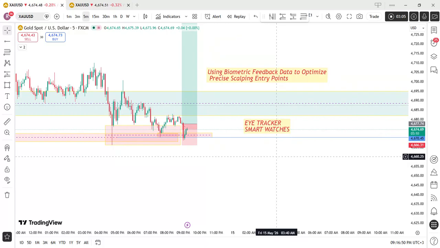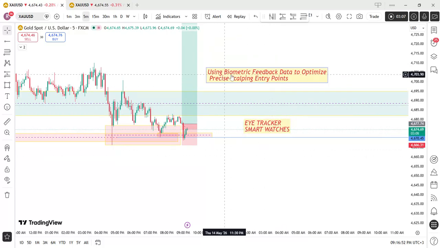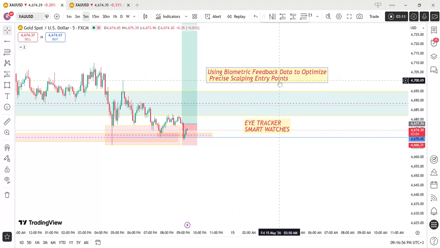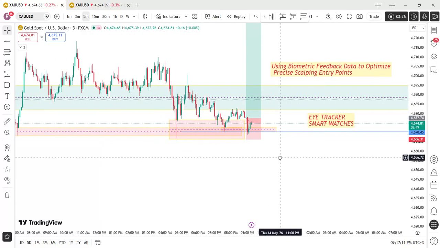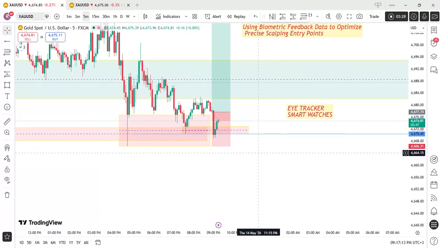And I'm going to explain why I'm talking about using biometric feedback data to optimize scalping entry points, right? Now, most of the time, the neurological reality of scalping requires rapid information processing. In trading, you have to think fast. You have to move fast.